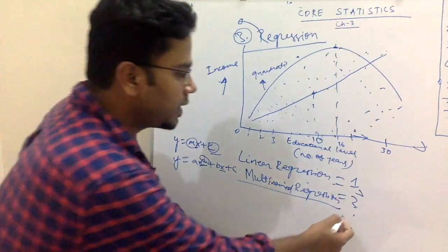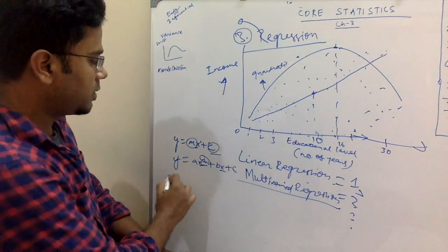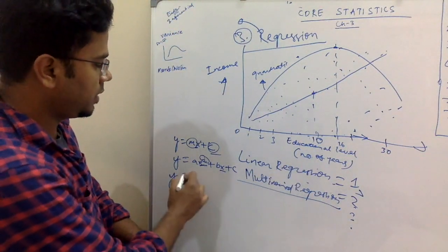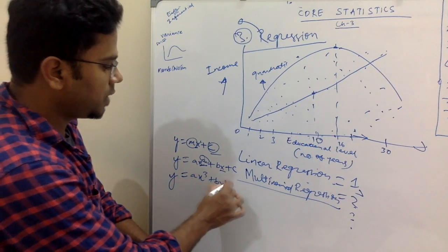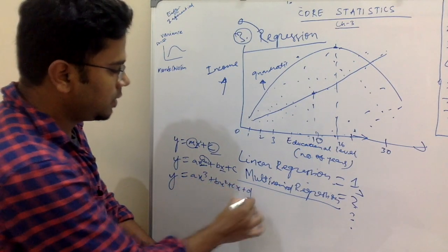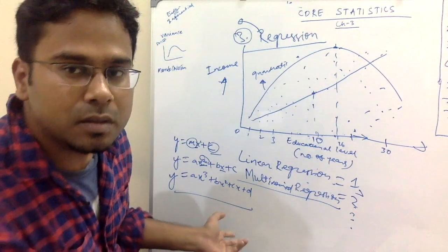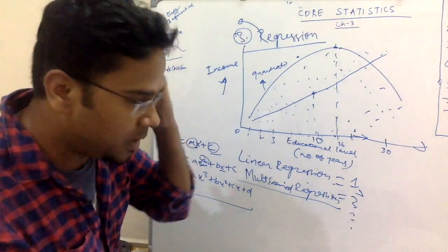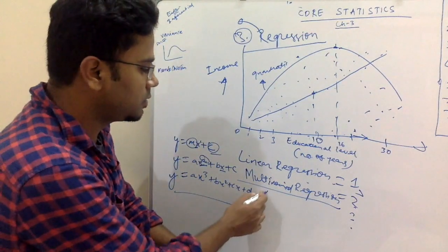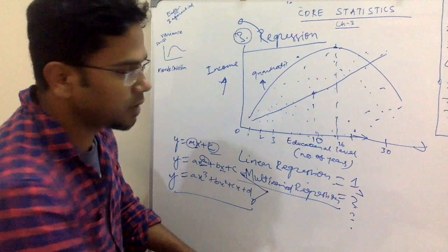So anything more than 1 degree would be that. So ax cube plus bx square plus cx plus d would be a third degree equation, right? So that would be a third degree polynomial, and that would also be multinomial regression. These both would be multinomial regression.